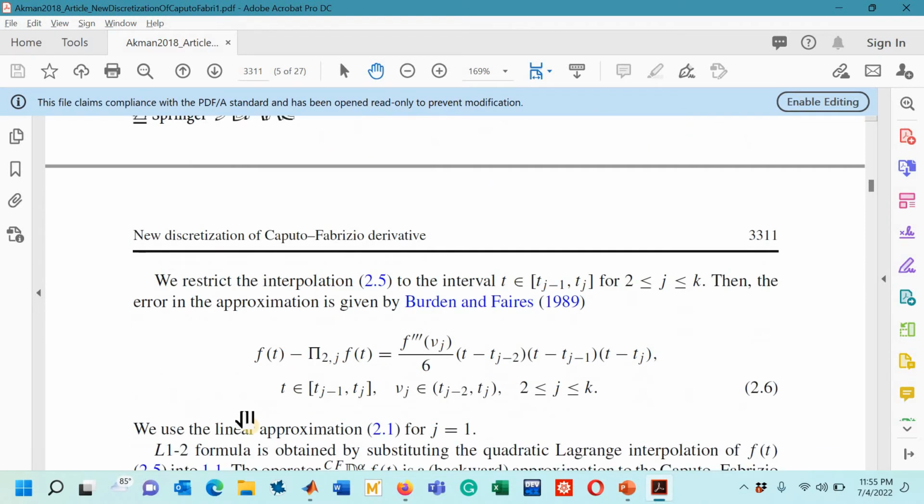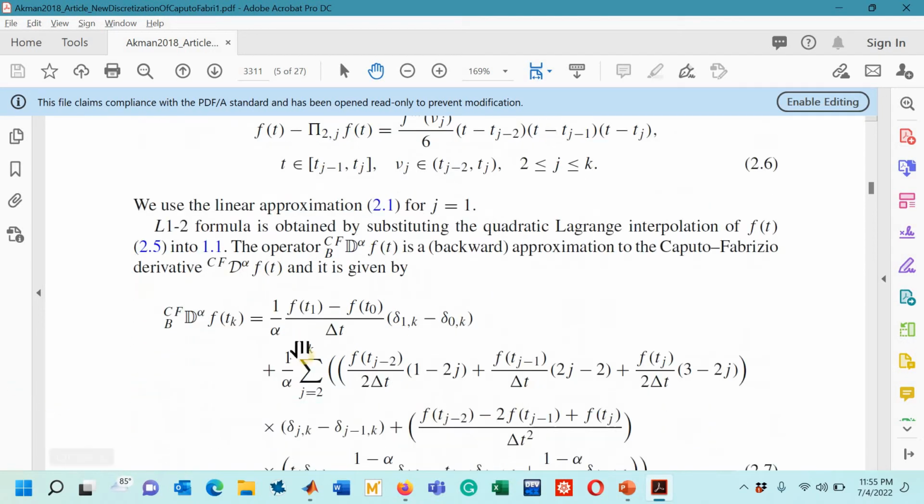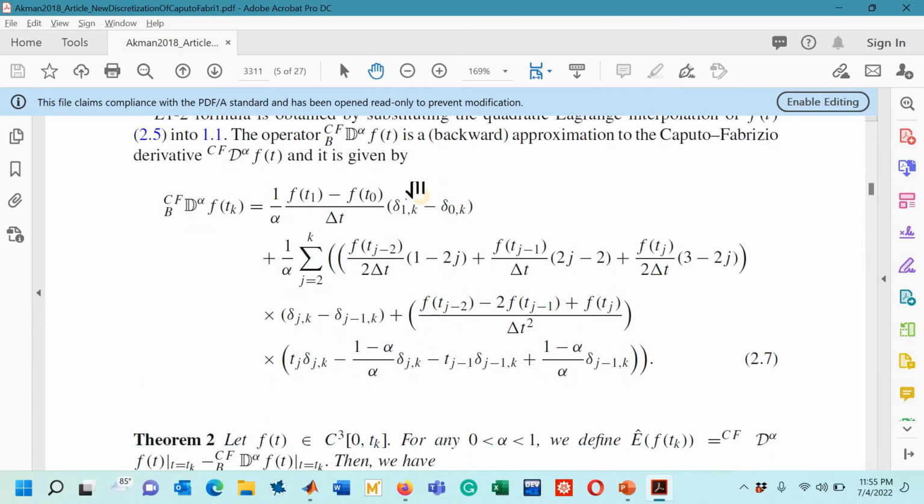The formula derived by the authors is given by equation 2.7. Once again, our purpose is to derive this formula 2.7, and then we will see how to design a Matlab code for this approximation.